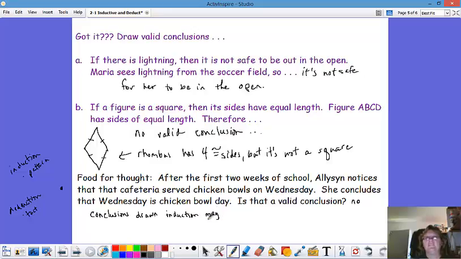Many of them are good, but they may not always be right. And in math, conclusions drawn from induction may not always be correct. So you've got to be careful about that.